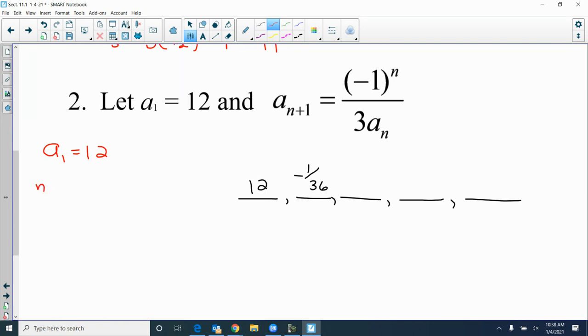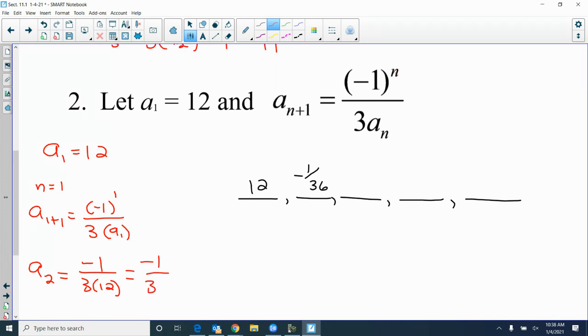Okay, n equals 1, which means I get a sub 1 plus 1 equals negative 1 to the first power times 1 over 3 times a sub 1, which means my first term. So that means a sub 2, 1 plus 1 is 2. My second term is negative 1 over 3 times 12, which is negative 1/36. All right, so there's your second term.